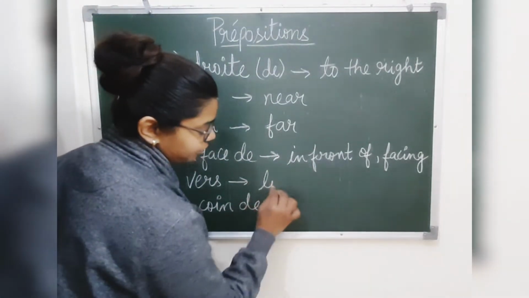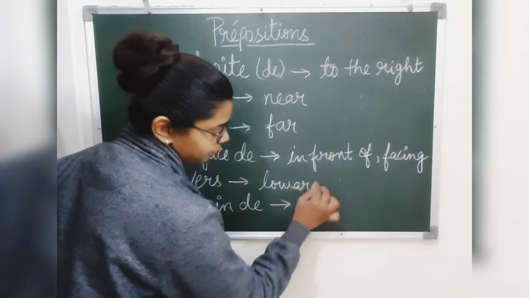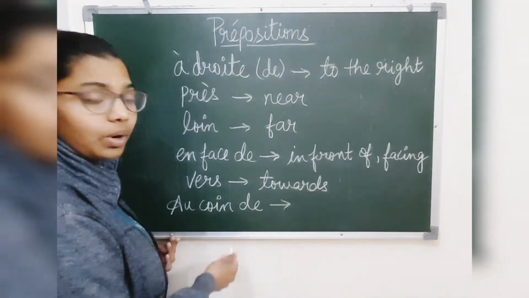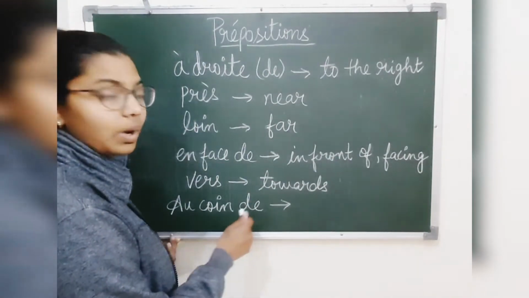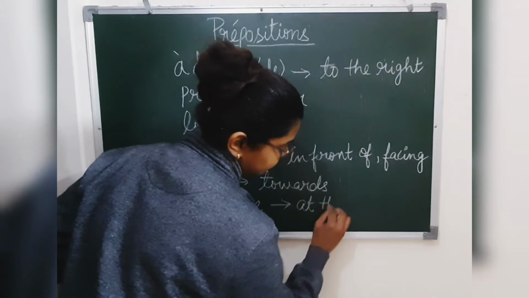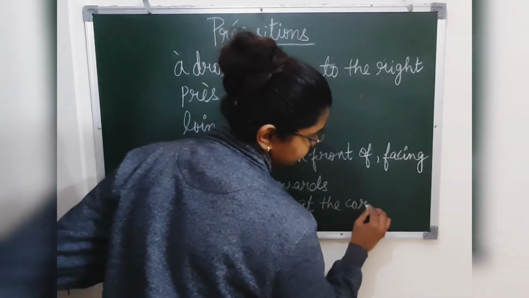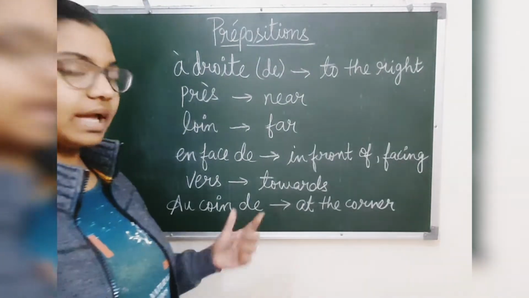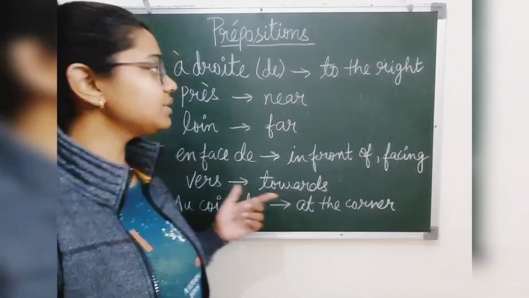Then au coin de, which means at the corner. Au coin de, at the corner. Now let's repeat.